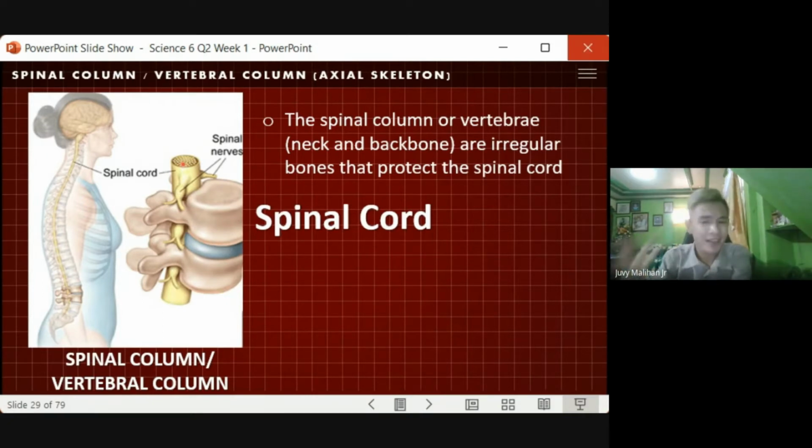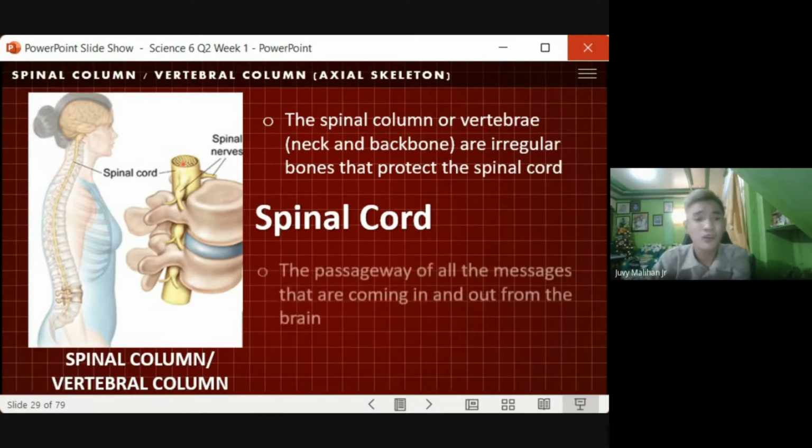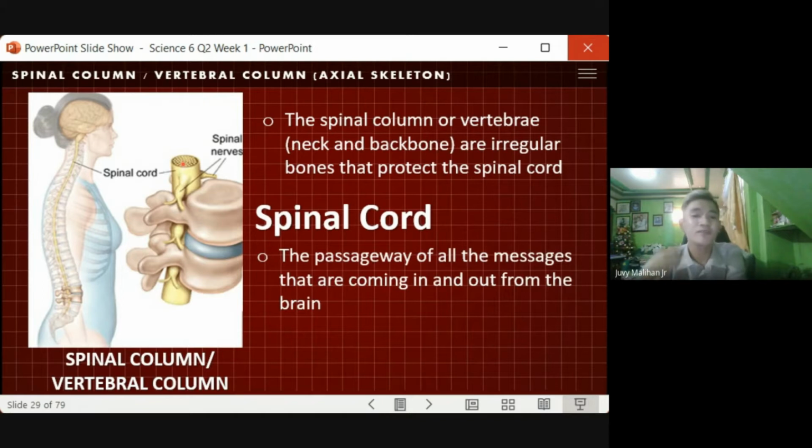The spinal cord, class, is connected to our brain. That's why the spinal cord is the passageway of the messages coming in and out of the brain. Kung wala tayong spinal cord, of course, messages cannot be transmitted, and the brain cannot process and interpret all the messages being received. So the spinal cord is very important also. Again, what protects the spinal cord? It's the spinal column, or the vertebral column.